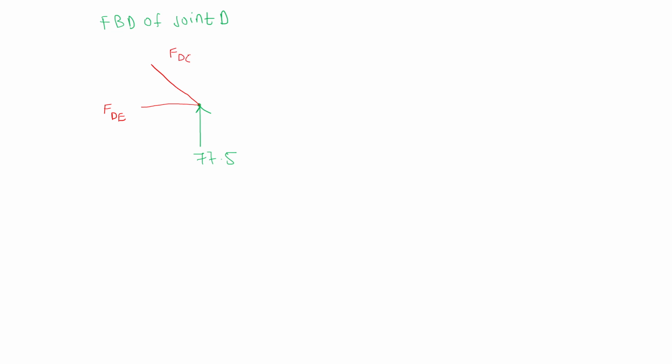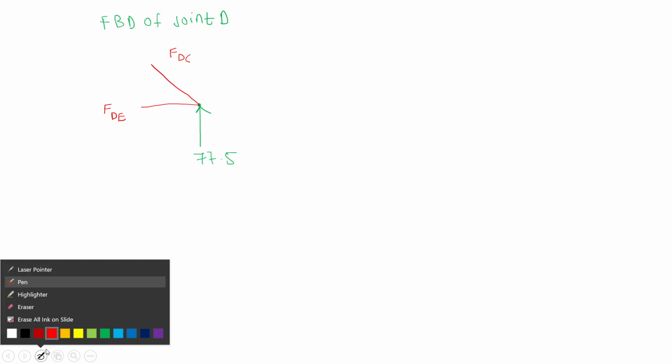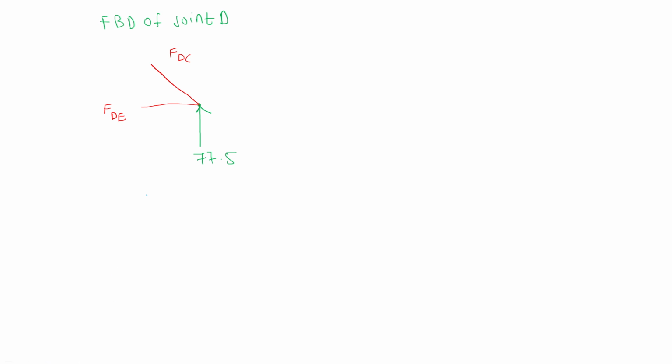Okay. Now we have to assume the nature of the force. So again here there is one upward force, right? To balance this there must be one downward force, and this downward force can only be produced by this inclined member.